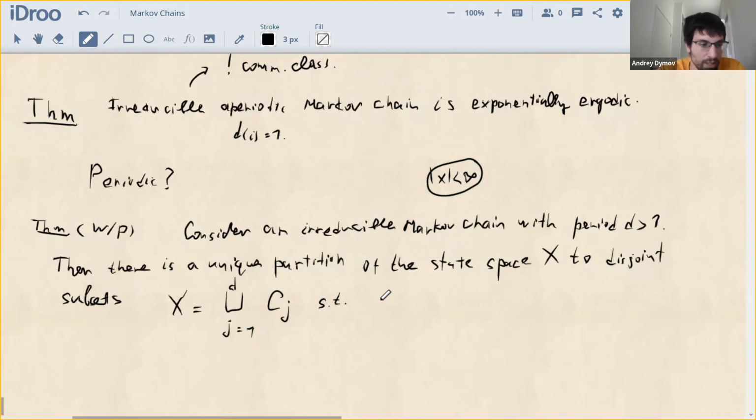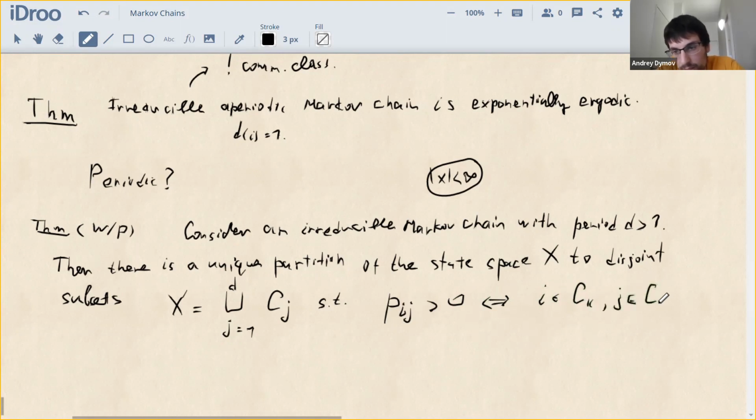So the C_j are such that the probability of transition between two states is strictly positive, so the probability to pass from the state i to the state j is non-zero, if and only if i belongs to some C_k and j belongs to the next subset C_{k+1}. Here I have d sets, right?